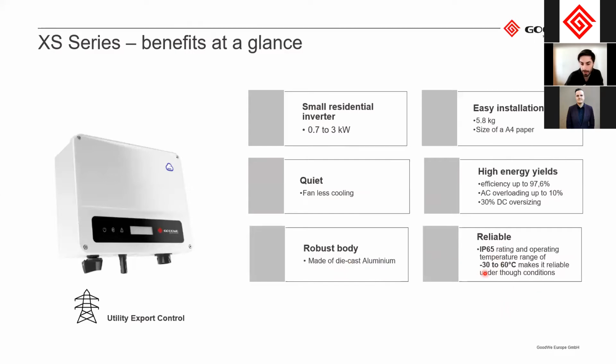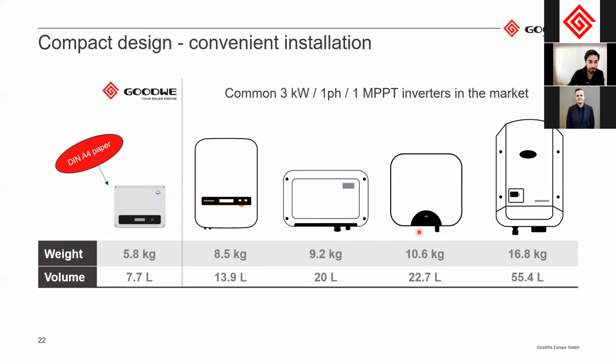They all operate between -30 and 60 degrees Celsius, which makes them good to install even in Scandinavia, as well as in South Africa or Spain. Here you see the excess in comparison to some other inverters with the same output power. As you see, this one is much smaller and much lighter than most competitors in that segment.